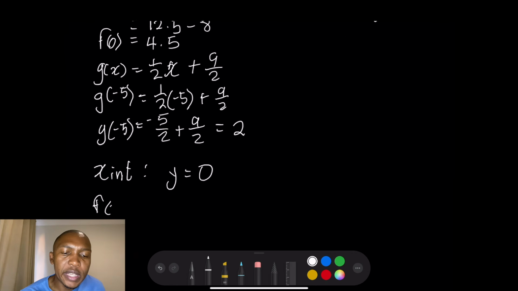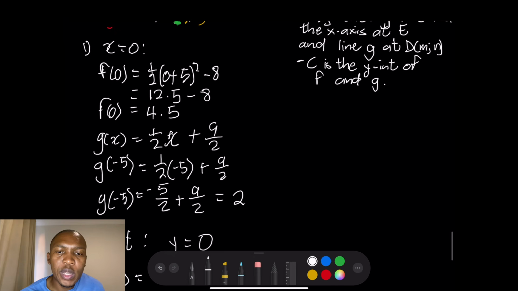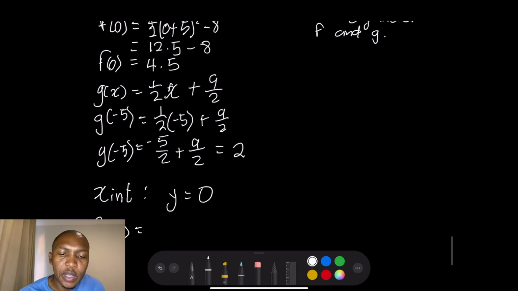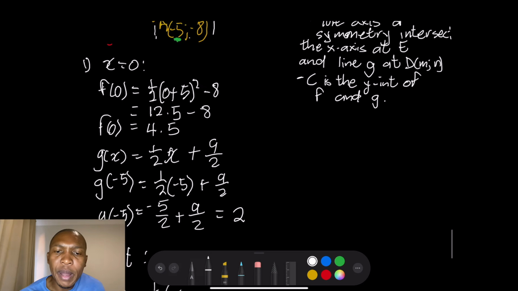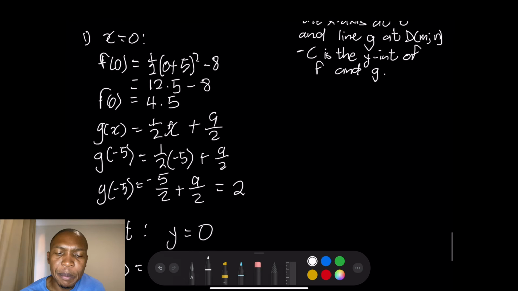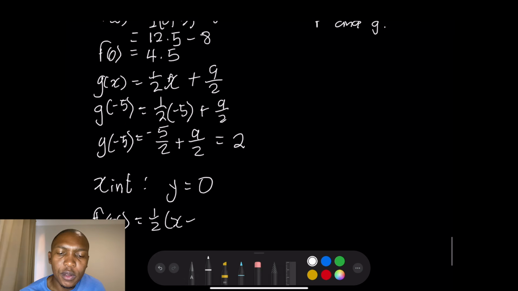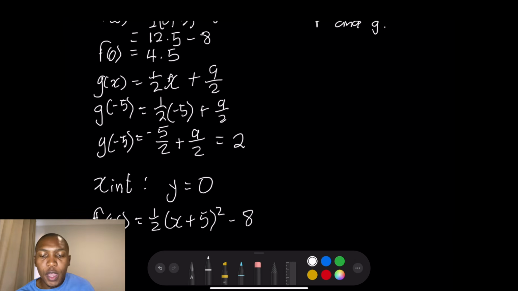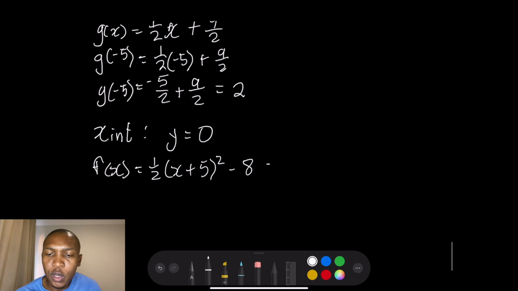So f of x is 1 over 2 into x plus 5, if I remember, x plus 5 squared minus 8. Okay, so now we know that would be equal to 0.